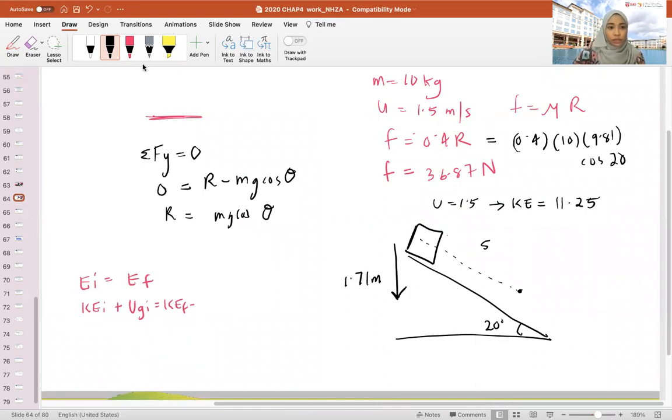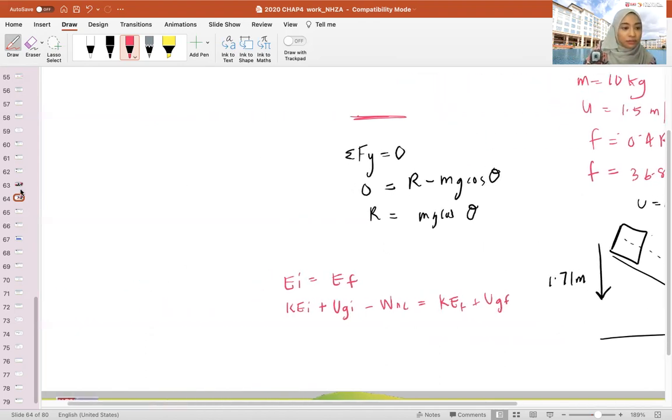Okay. So we know E initial must equal E final. But we don't know the height of our box, right? Because we just know that it's on an incline at 20 degrees. So let me write this down first. We have friction, so this equation is not correct. Minus WNC equals KE final plus UG final. There is no plus here because we already have a minus here. So I have already put in the friction. So E initial has to equal E final, but in this case, we have the non-conservative work done.